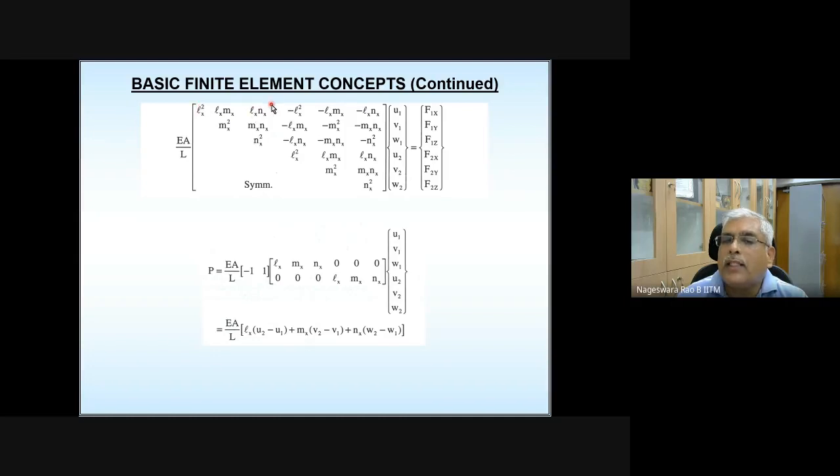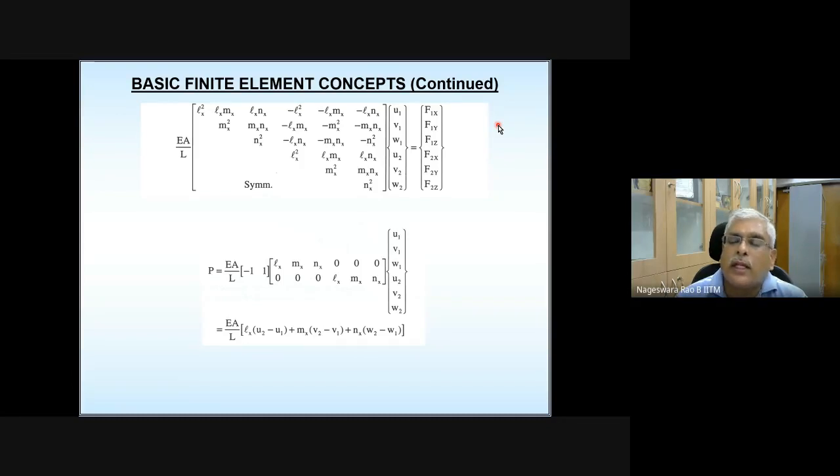So once you get this portion, you copy the same thing here and append a negative sign, copy that here and here. Whatever explanation I have given you for the 2D truss or plane truss is applicable even here. So this is the element equation system. You assemble the element equation system for all elements, assemble the global equation system, and solve for the unknowns.